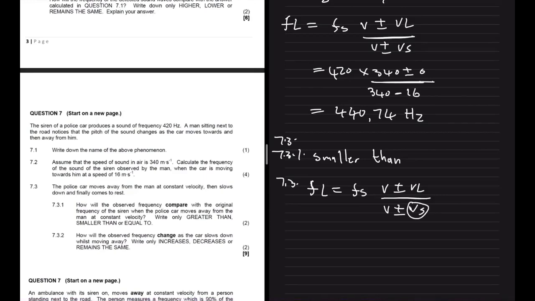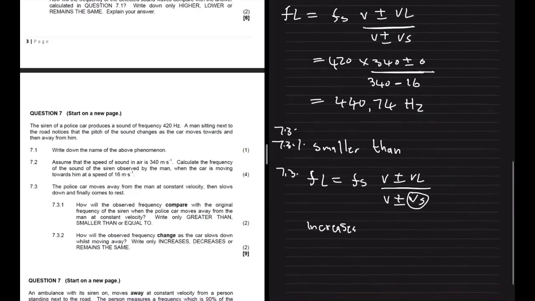If VS is getting smaller and the numerator is the same, then FL will go up, because now we're dividing by a smaller number. So the observed frequency will increase. It sounds very counterintuitive because the car is still moving away, but if we base it on this formula, then it's supposed to increase.